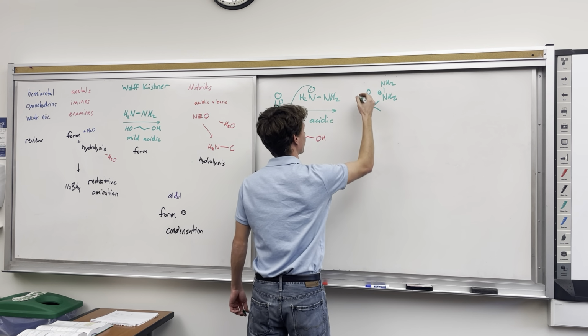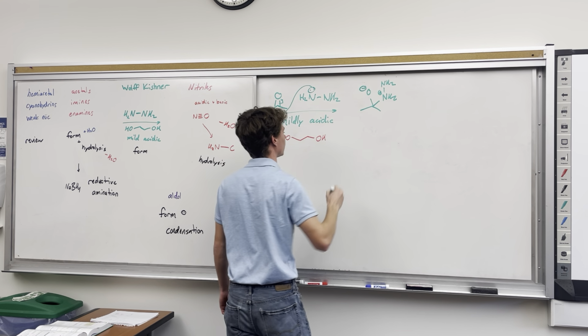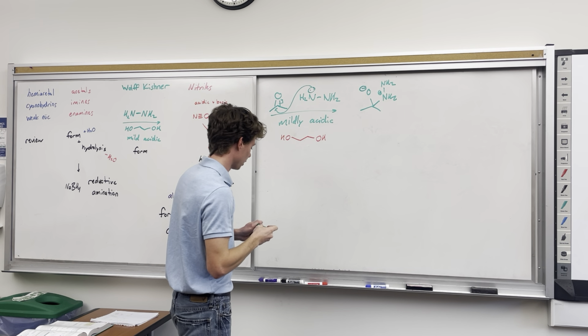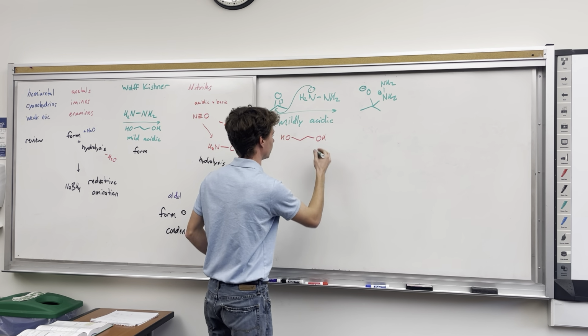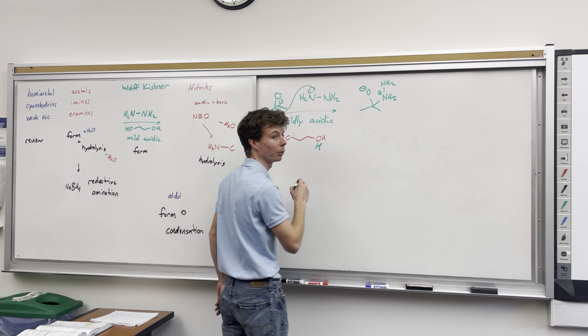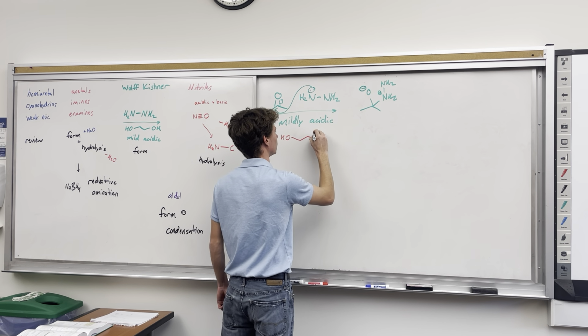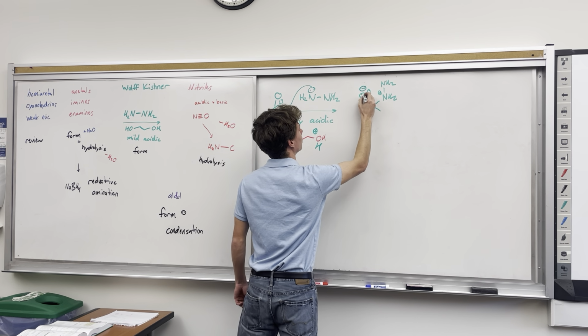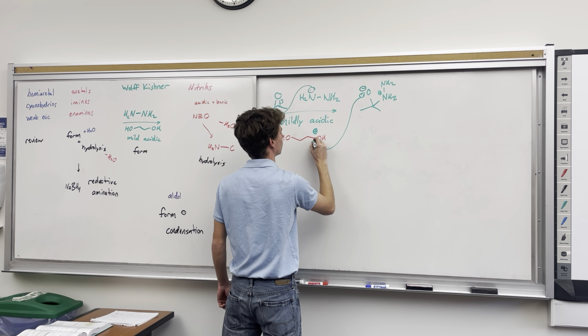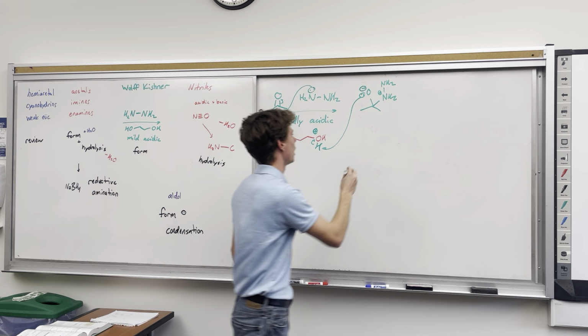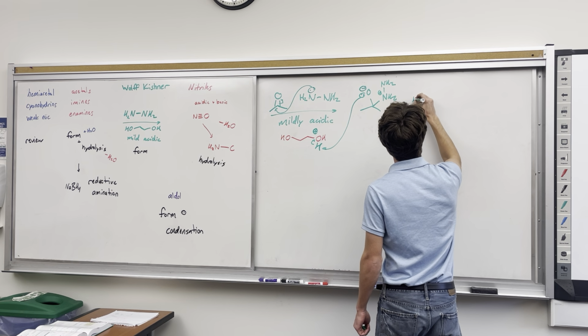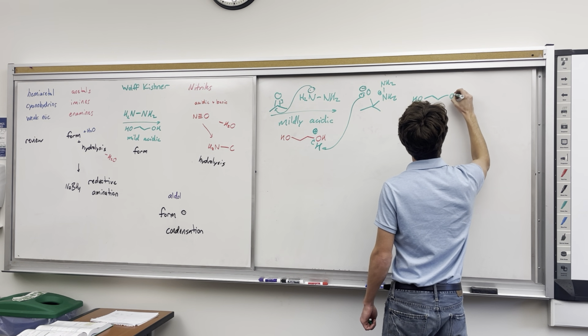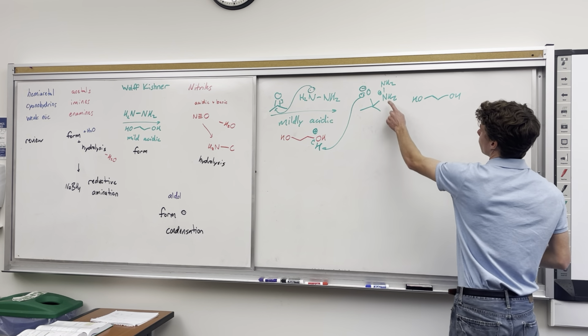We got O minus there. We're mildly acidic, okay? So I'm going to say that this is protonated already. Okay. Proton transfer here, okay? And then we have this structure here. We need to get rid of a proton.